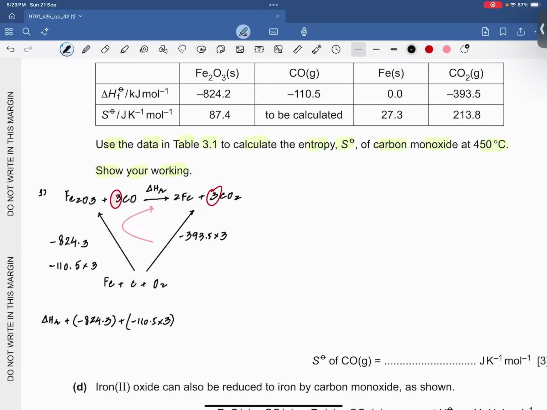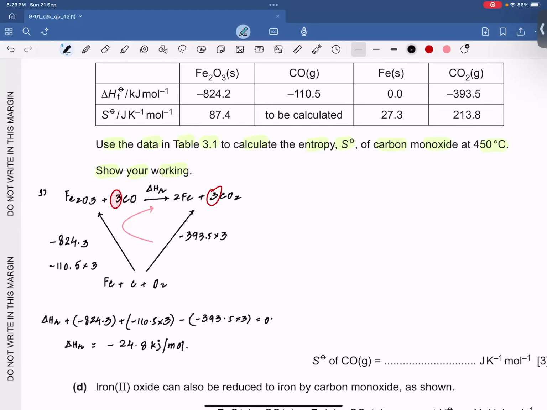Now I'll take the carbon dioxide value as negative, minus 393.5 into 3, and this becomes equal to 0. So the enthalpy change of reaction for this equation is going to be minus 24.8 kilojoules per mole. Okay.